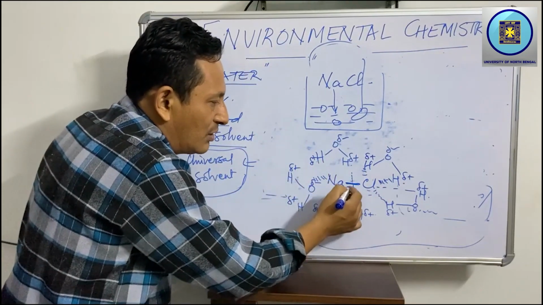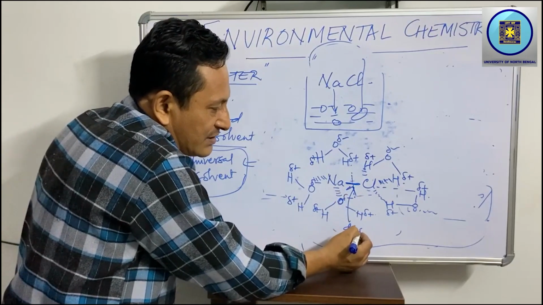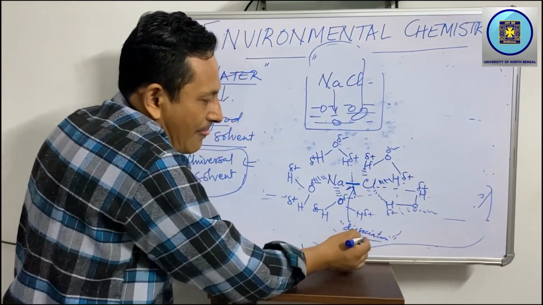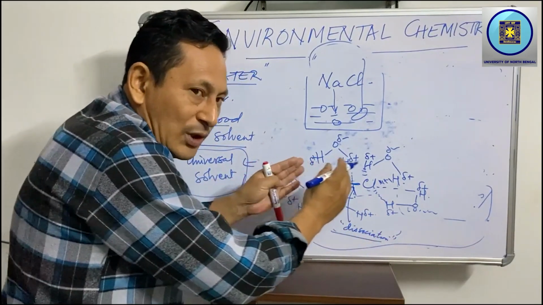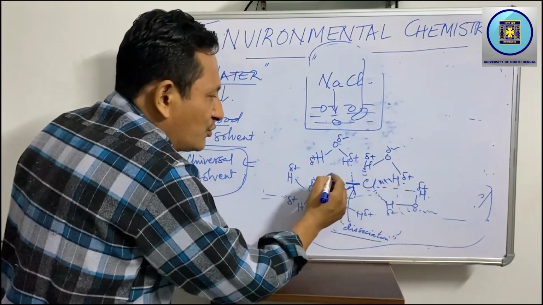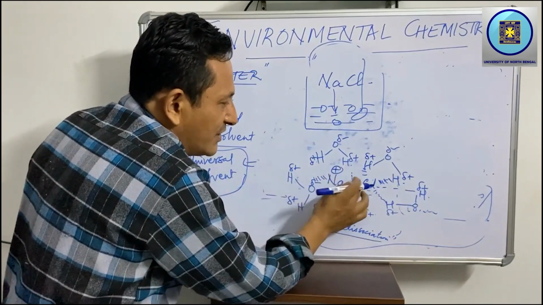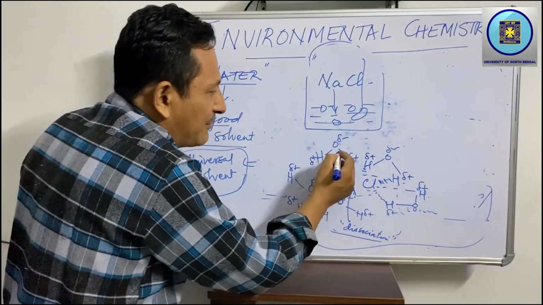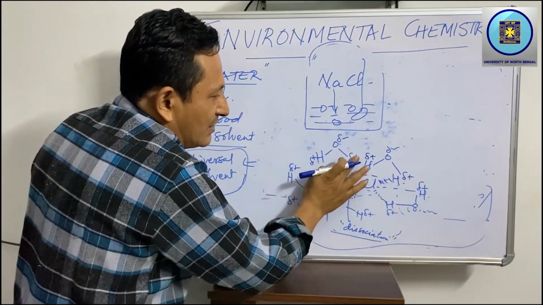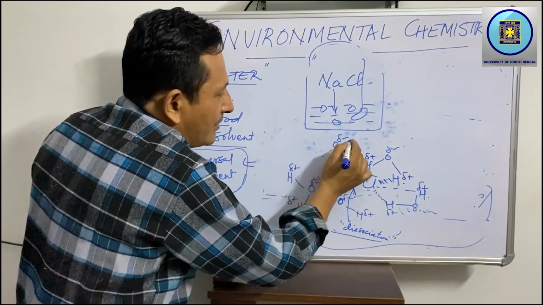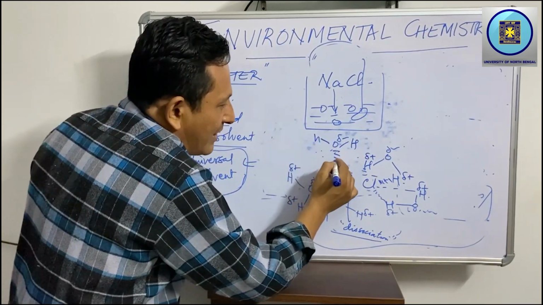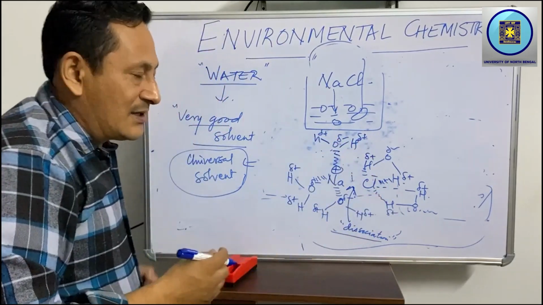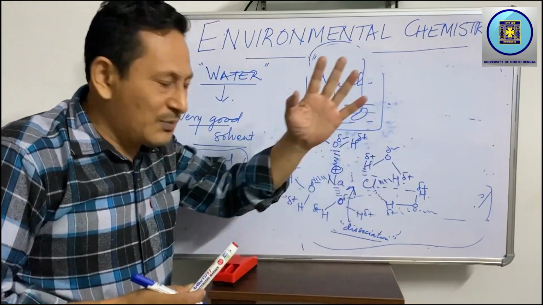This is a process called dissociation. So we say the sodium chloride dissociates into Na plus and Cl minus. Na plus is now stabilized by interactions with O minus, and Cl minus is stabilized by interactions with H plus.